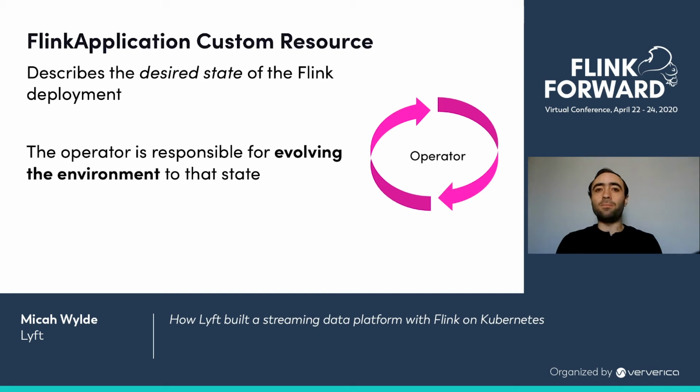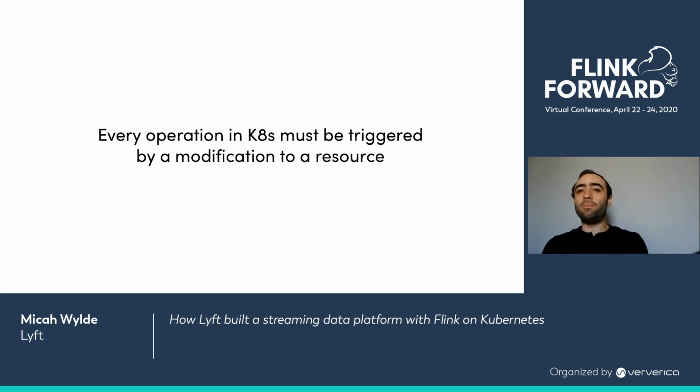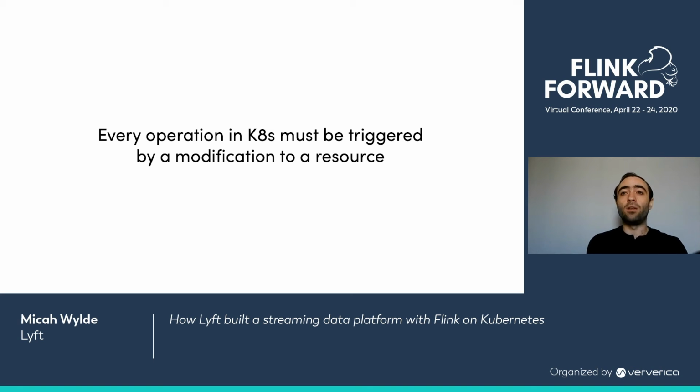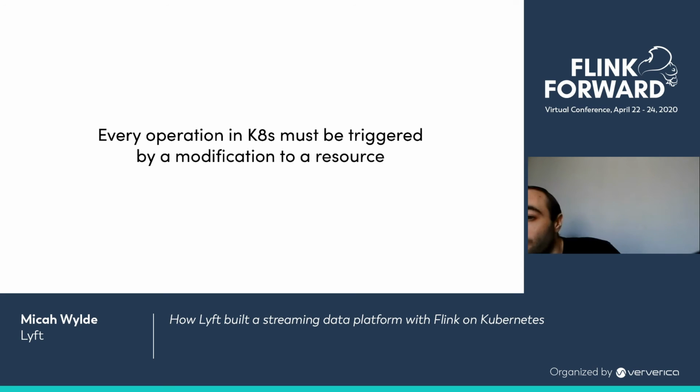So the Flink application custom resource defines the desired state of the deployment. The operator is responsible for evolving the environment to that state. Some examples of what that looks like: as I mentioned earlier, every operation in Kubernetes must be triggered by a modification to a resource. So this means that operations work differently than you might be used to using the Flink command line tooling.